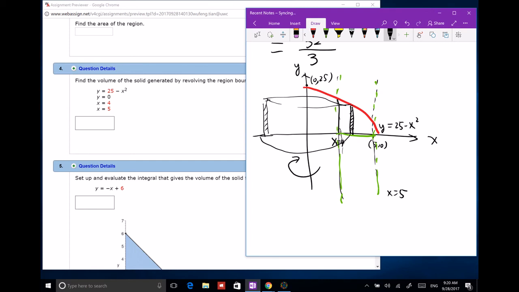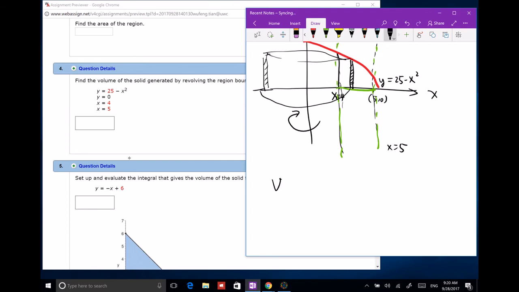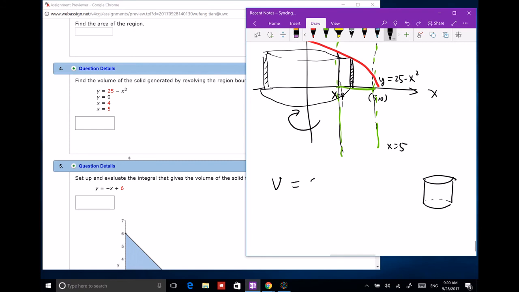What is the shell method? The shell method is V equals integral from c to d of 2 pi r times h, because the cylinder here is 2 pi r times h, right?